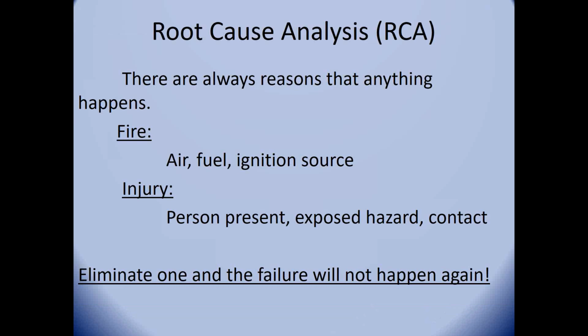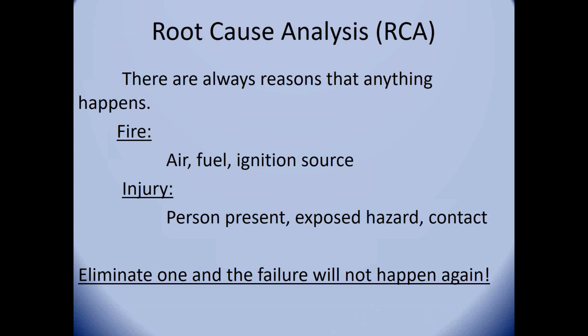In our safety programs, as far as eliminating injuries, in order to have an injury, you have to have a person present. There has to be some exposed hazard that the person can come in contact with, and then they actually have to come in contact with it. So all your safety programs at a plant or a facility are designed around this concept of keeping people away from hazards, protecting hazards with guarding systems, and keeping people from coming in contact.